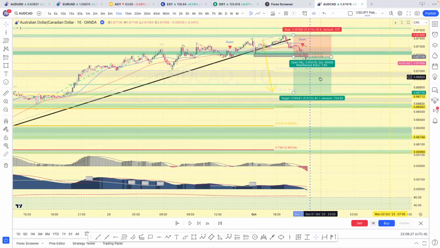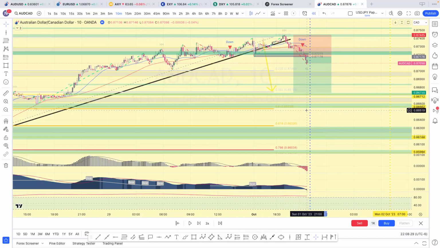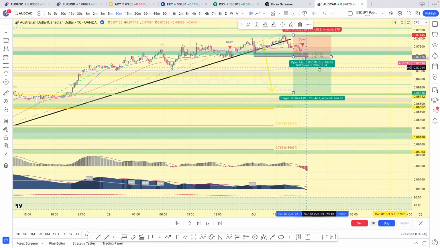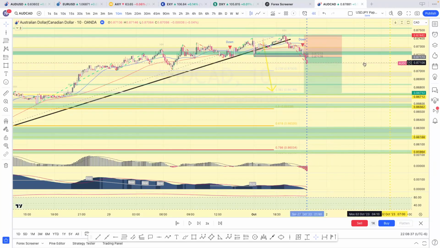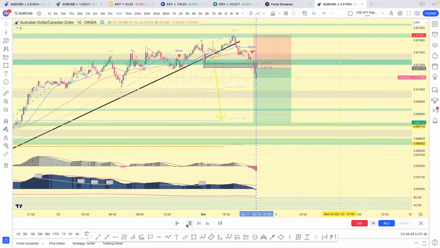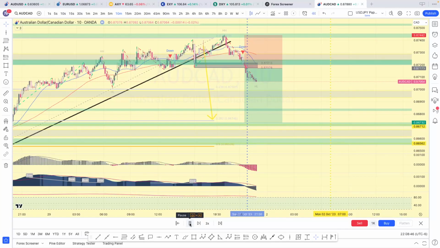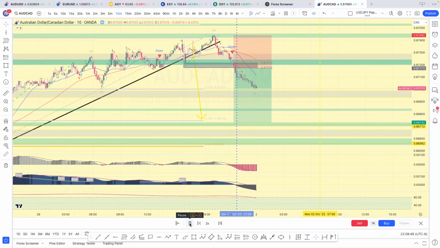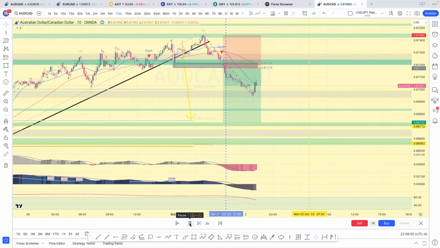So let's just say I go to bed, let's see, at this particular time. I'm going to put that right there, and hit the play button and let it play to over here where this yellow is, and see what I get. Has price pushed down that far?